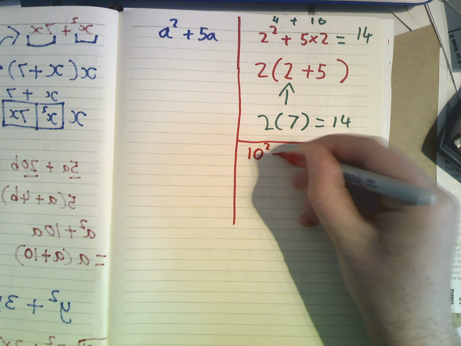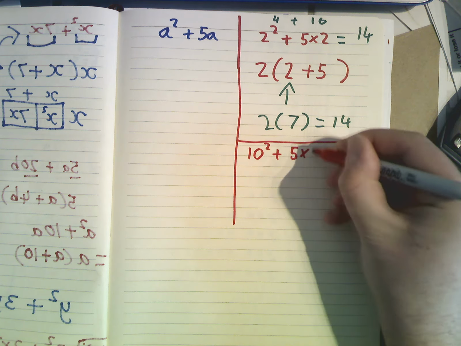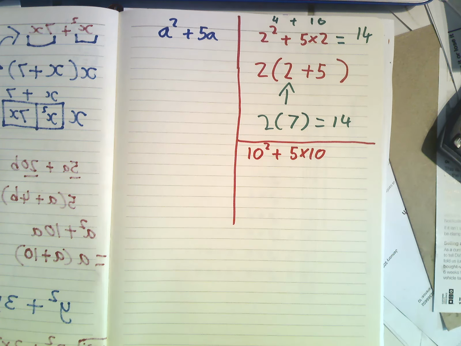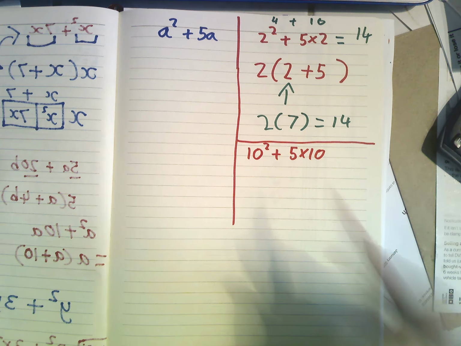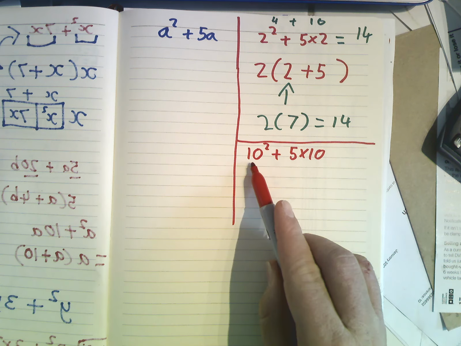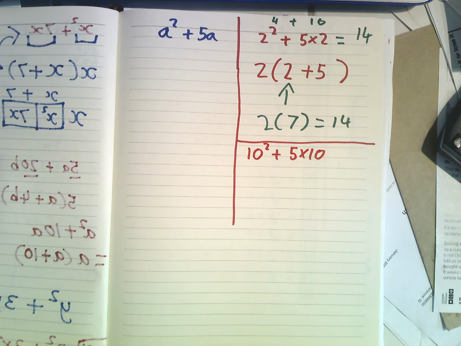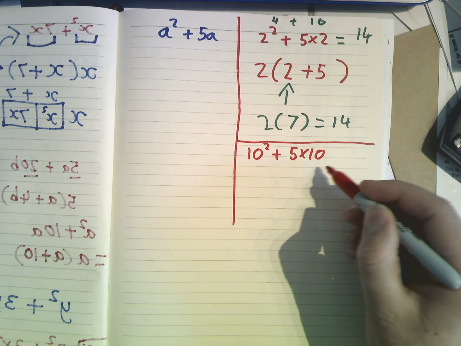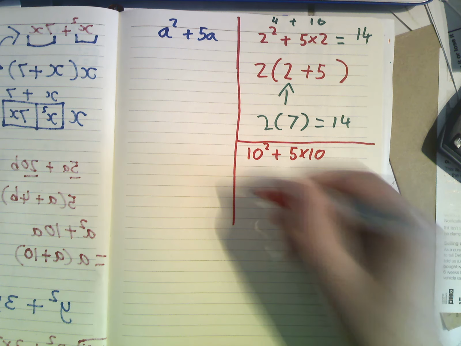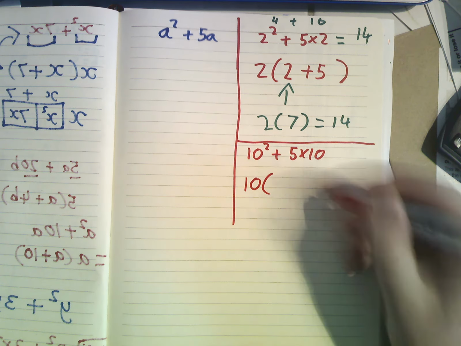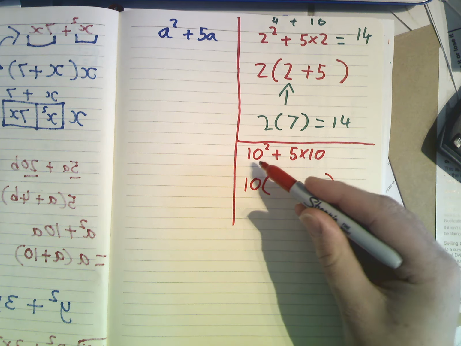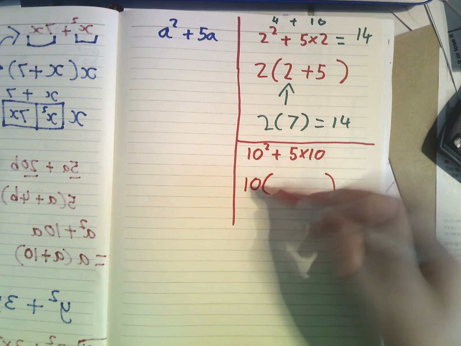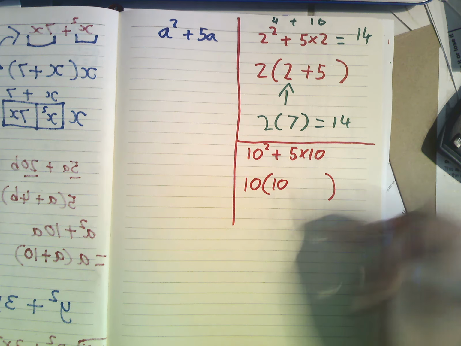So 10 squared plus 5 times 10. Okay, what is a common factor between 10 squared and 5 times 10? 10. 10 is here, 10 is here, 10 is a factor of both. Okay, what is 10 squared divided by 10? Well, it's just 10.